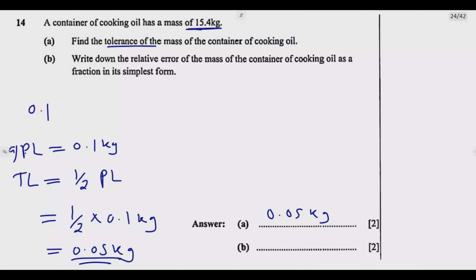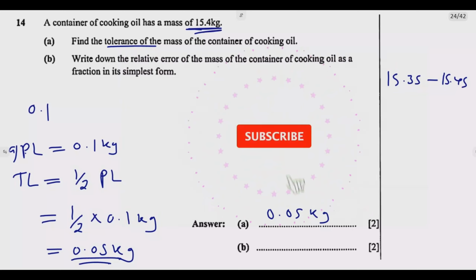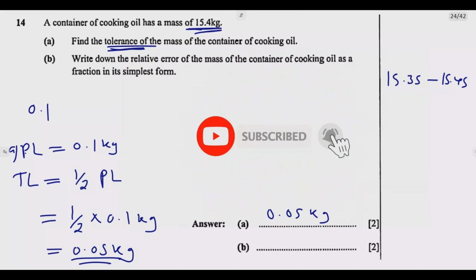So if I were to use this space temporarily, we are saying it's between 15.35 to 15.45. That's where this measurement lies. That's why we are saying the tolerance is 0.05 kg. That's for A.